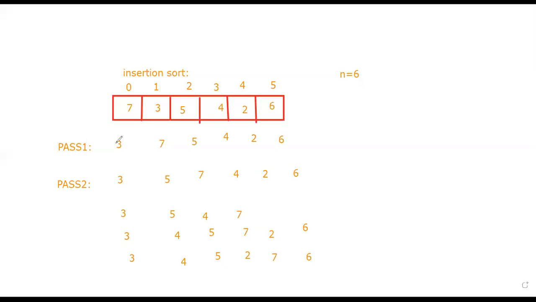In the first pass, the first value is 3 here. 7 and 3, first and second, 7 and 3. So here, in the first pass, temp is 3.